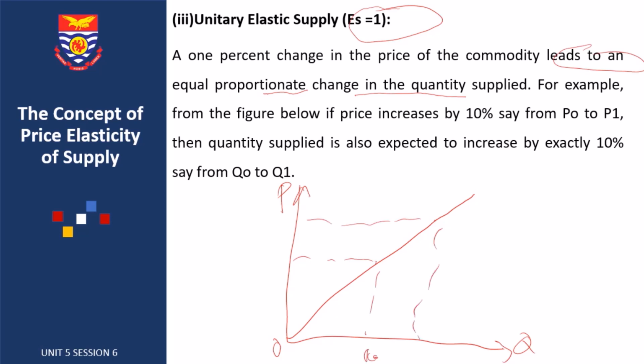So Q0, Q1, P0, P1. With this one, you see that the price increases by 10%, say from P0 to P1, then the quantity supplied is also expected to increase by exactly 10%, from Q0 to Q1. And here we are talking about unitary elastic supply.